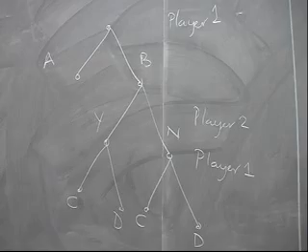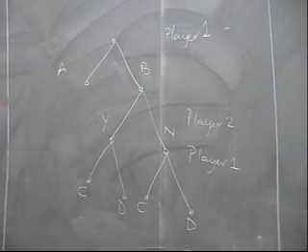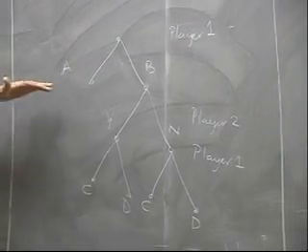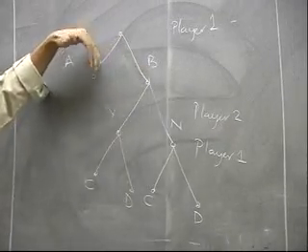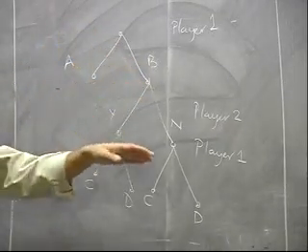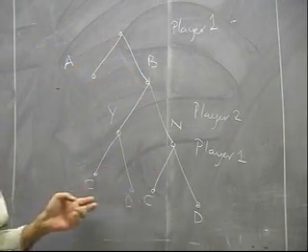Alright. So if player 1 plays A, the game is ended. There's nothing more to be done. The game is over. If player 1 plays B, then player 2 can play Y or N, and then after that player 1 can play C or D.